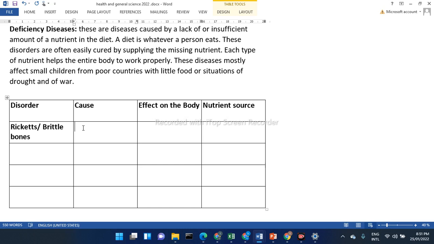Lack of vitamin D, or I'm looking for C, or calcium. Calcium, yes. So the lack of the mineral calcium, and calcium is responsible for making the bone hard.